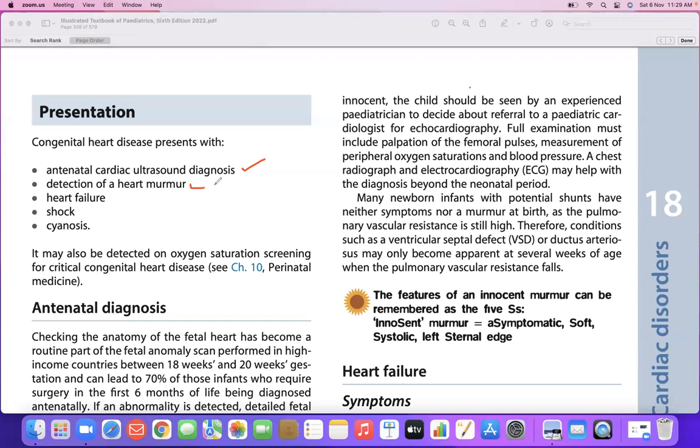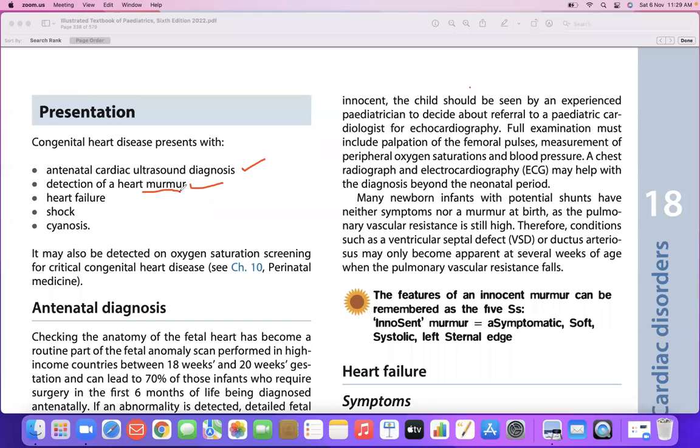Next, sometimes you see a child with a heart murmur. This can be detected late also. It means in a well child, sometimes in pulmonary stenosis and aortic stenosis which are not critical. Critical ones usually present in the neonatal period.